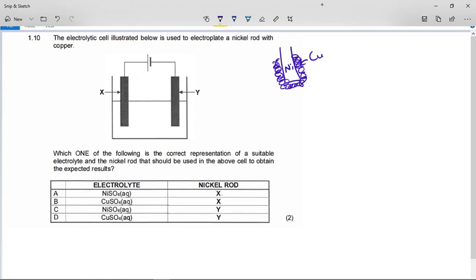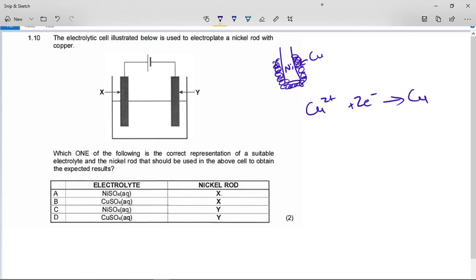If you want to copper plate something, you must have Cu2+ ions in solution that are then reduced to copper metal by the gain of 2 electrons. This is the reaction that you want to occur on top of the nickel electrode. So we need a solution that contains copper ions.